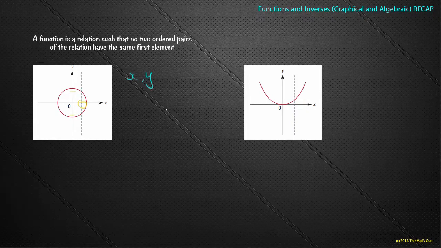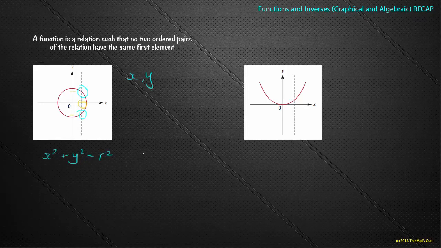As an example, if you look at the two graphs here, if we were to draw a vertical line through an x coordinate, then what we find is that here, because it crosses twice, there are two y values. So this is not a function. And as hopefully you're aware, that would be an x squared plus y squared equals r squared relationship.